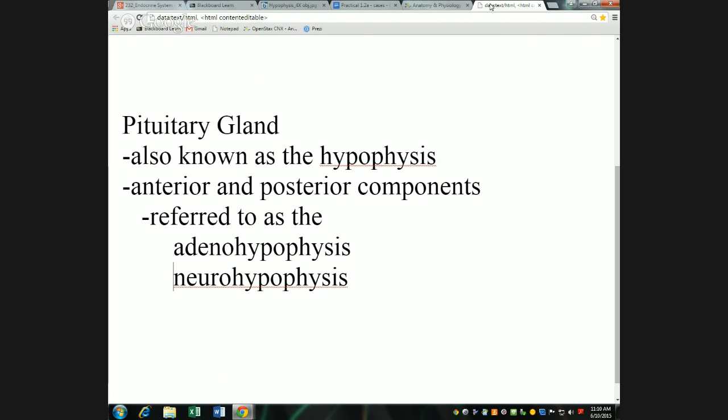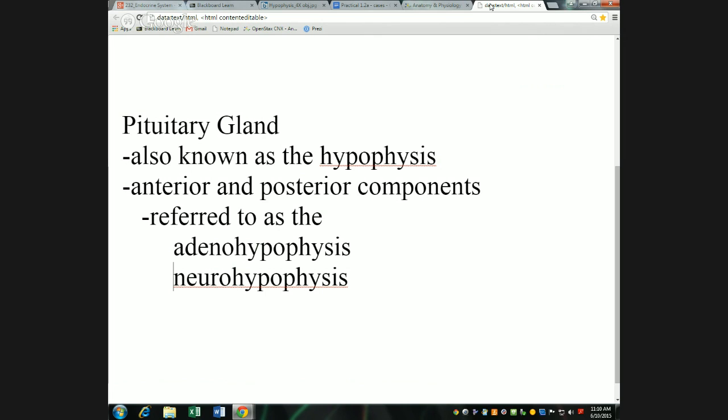What does neuro mean? Nervous tissue. Okay. The other word here is referring to nervous tissue. So the difference between the anterior and posterior pituitary is one side is glandular tissue, the other side is nervous tissue.